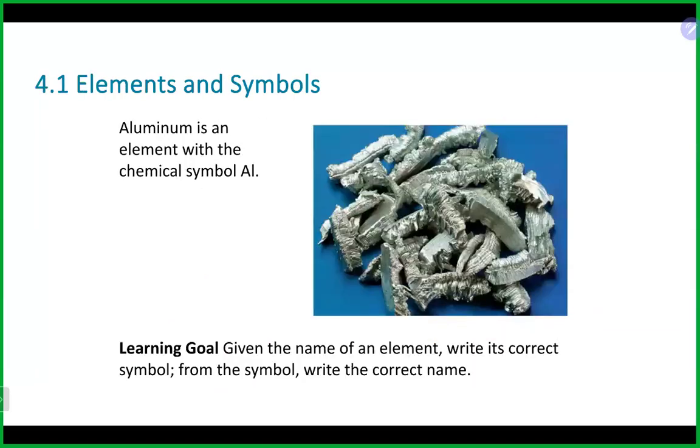When we talk about elements, they do have symbols, and element symbols are one of two things. They are either a single letter symbol, and if it is a single letter symbol, you should always capitalize it. For example, K is potassium, and C is carbon, which should be a capital C. There are also two-letter symbols, where you should always capitalize the first letter, but not the second. Aluminum is Al, capital, not capital.